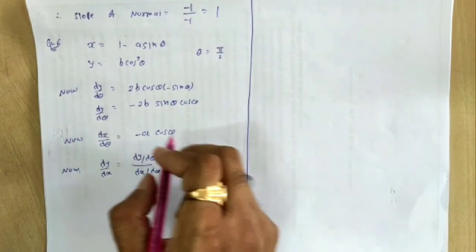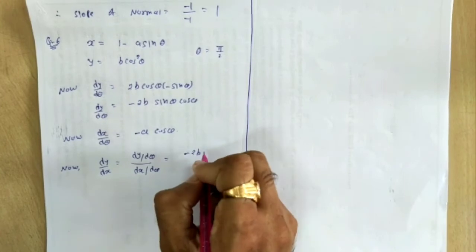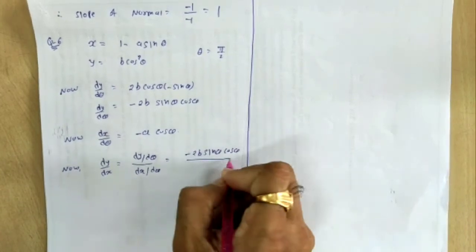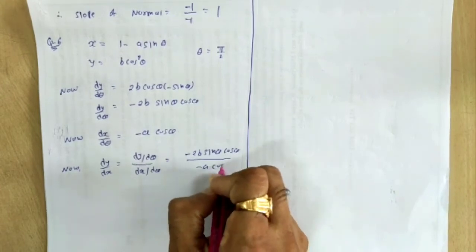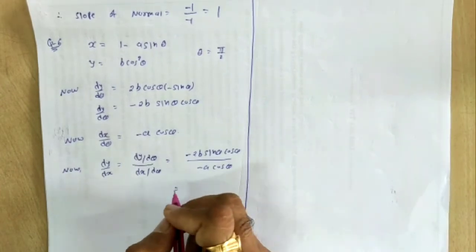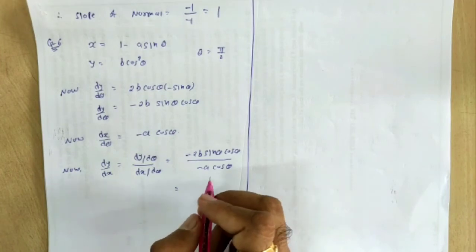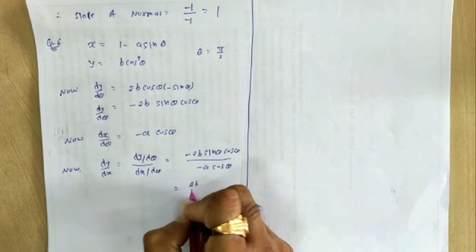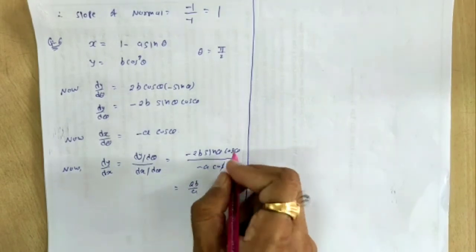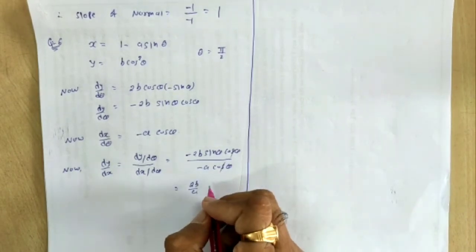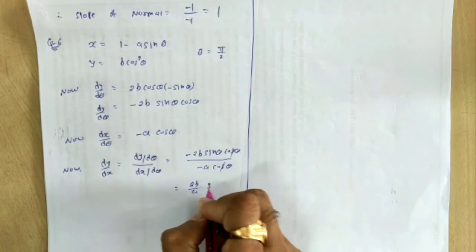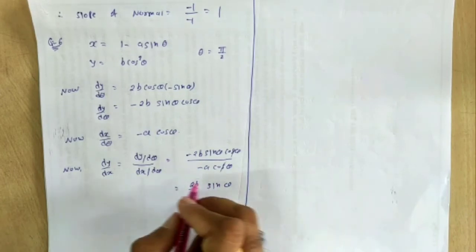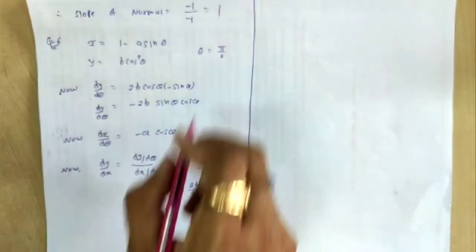So what is dy by d theta? It's minus 2b sin theta cos theta divided by minus a cos theta. Simplify, so what will it be? Minus minus plus 2b upon a cos theta. So the cos also cancels, sin theta remains: 2b by a sin theta. Done.